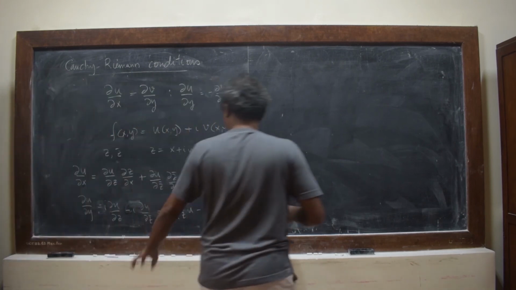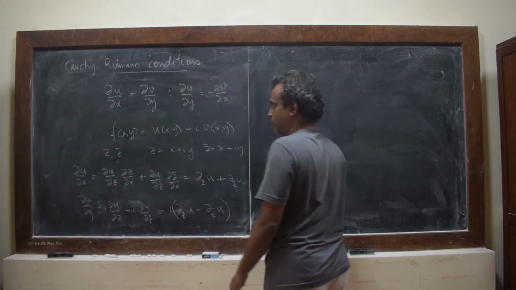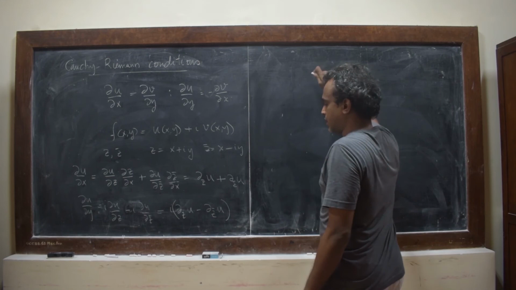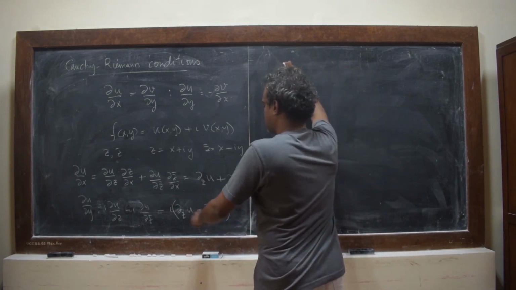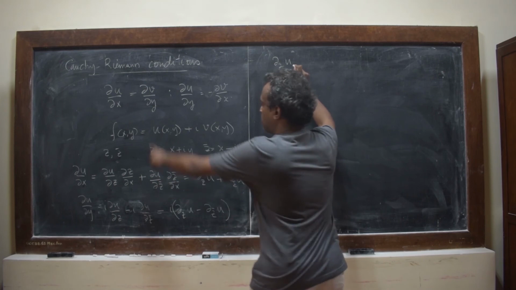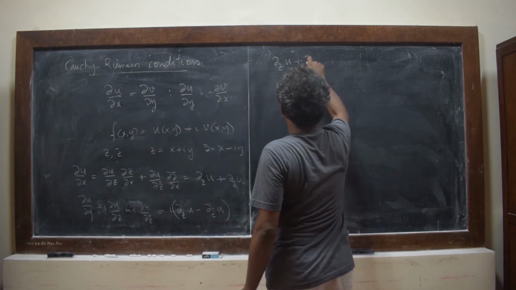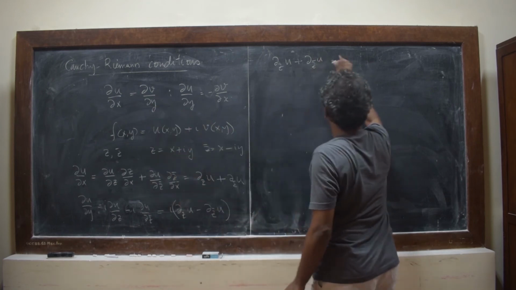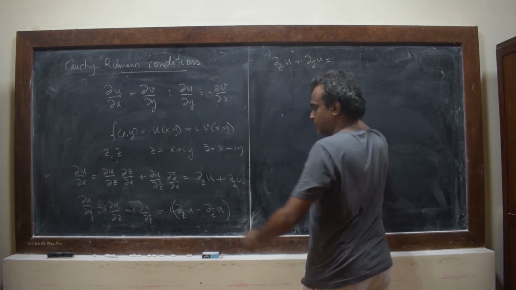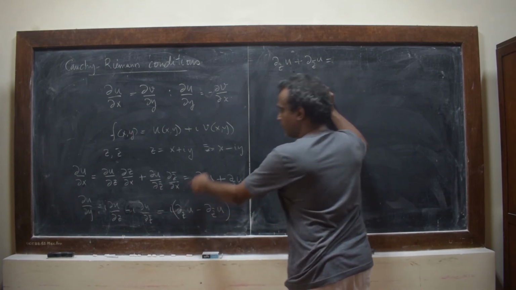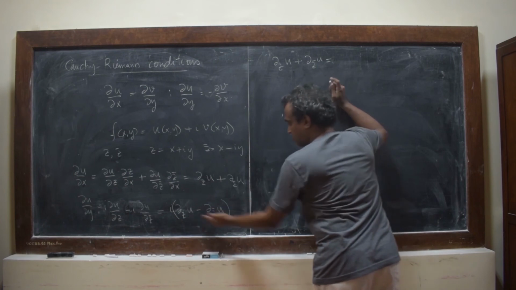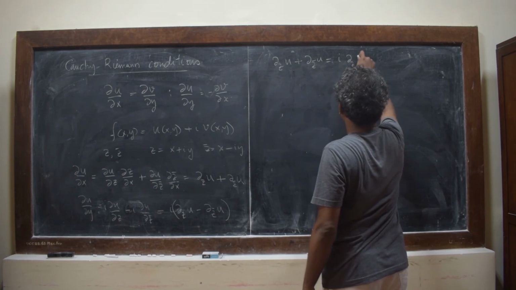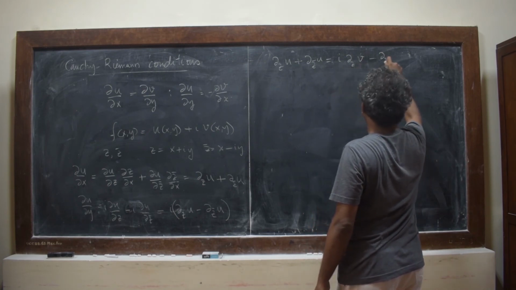So, writing both these in the respective form and expressing the Cauchy Riemann conditions, we get del z u plus del z bar u equal to del v by del y, which can be obtained by replacing u with v in this expression, and that has the form I into del z v minus del z bar v.